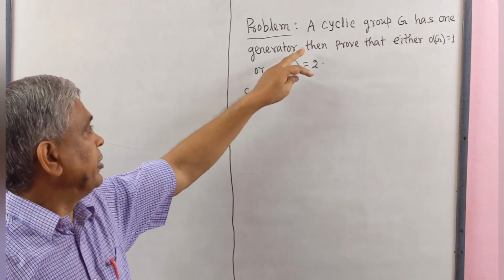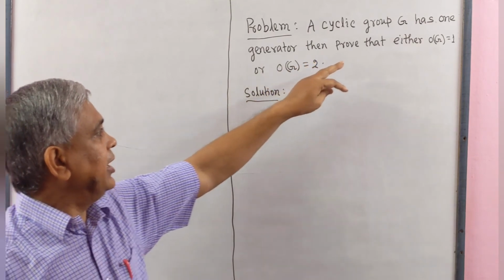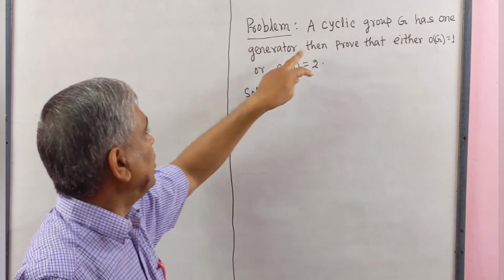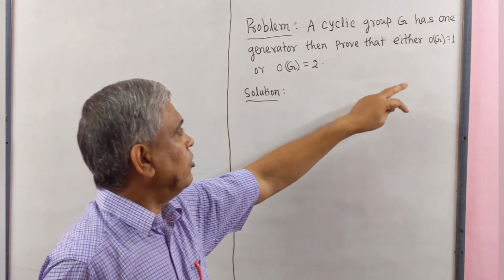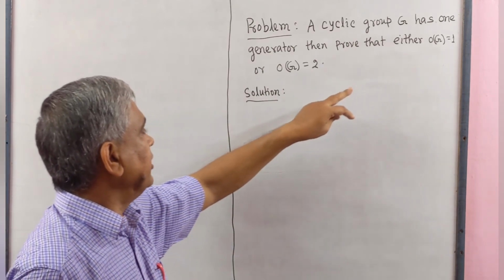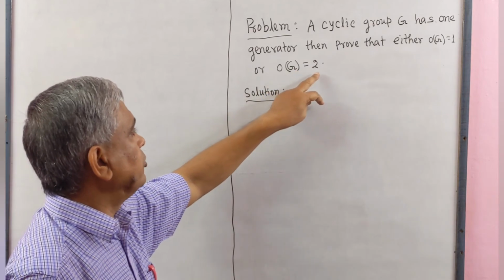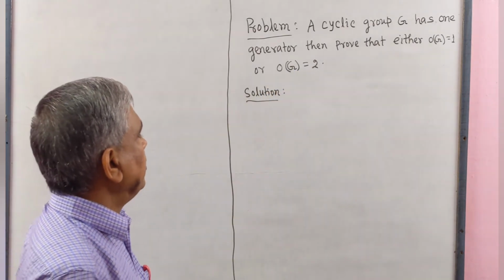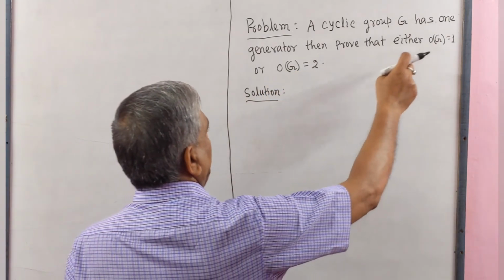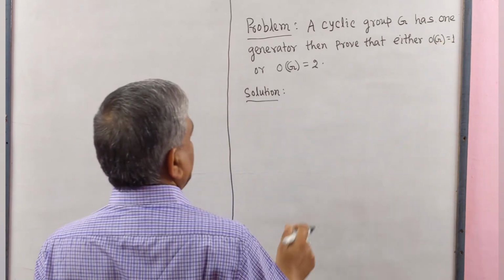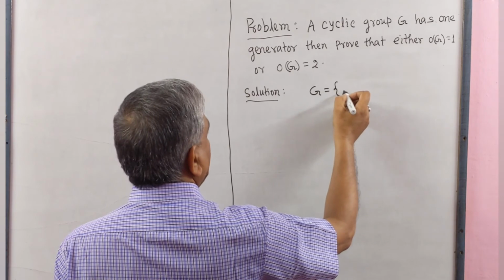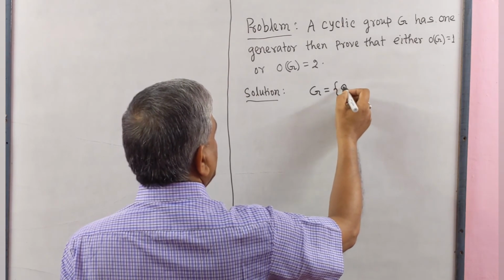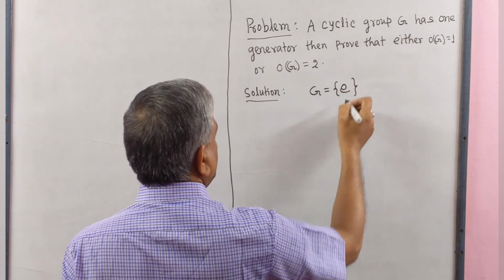Now we solve a problem. A cyclic group G has one generator. Then prove that either order of G equals 1 or order of G equals 2. If order of G is 1, then G contains only a single element, that is the identity element.